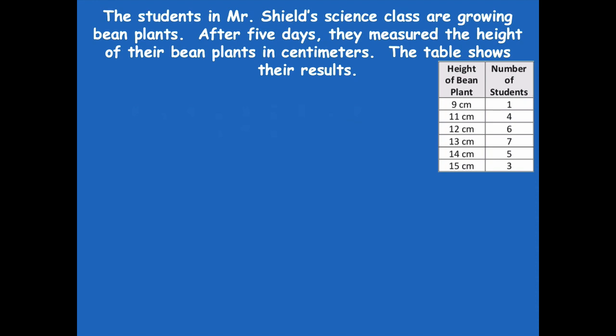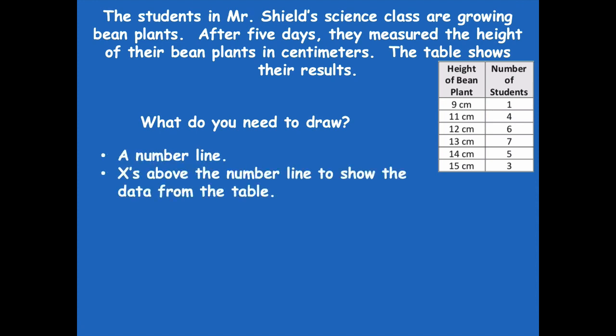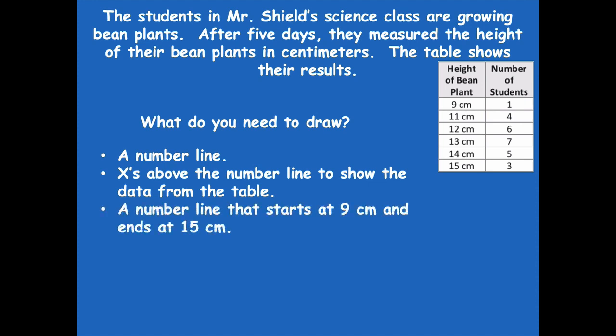What do we need to draw? A number line, right? Then we need to draw the x's above the number line to show the data from the table. And we need a number line that starts at 9 centimeters and ends at 15. Do you remember what we can use in our number line?